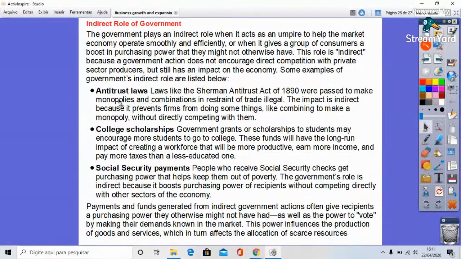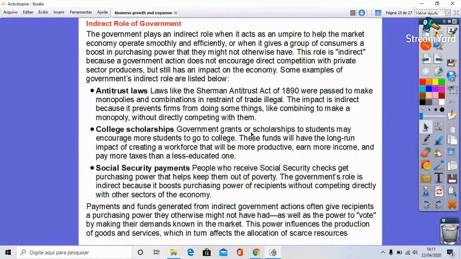We have the antitrust laws, like the Sherman Antitrust Act of 1890, which were passed to make monopolies and combinations in restraint of trade illegal. Why is this impact indirect? Because it prevents firms from doing some things like combining to make a monopoly without directly competing with them. We have scholarships.